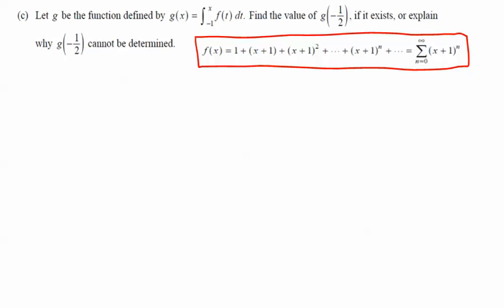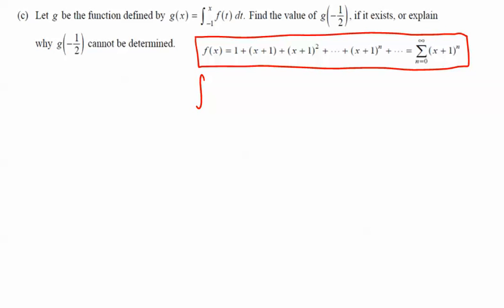And the only way we know that is with a geometric series. Just because we start with f of x being a geometric series doesn't mean that g of x will give us a geometric series when we do a term-by-term integration. So let's take a look at what that would look like.